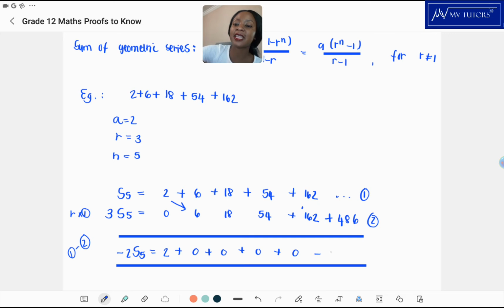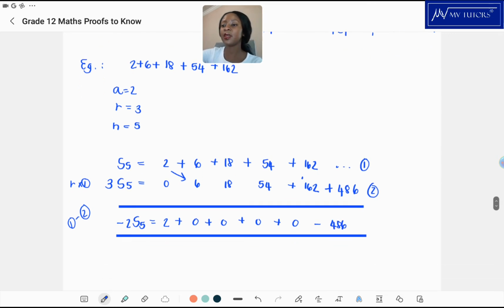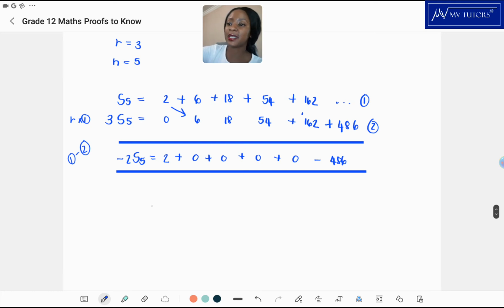And then I have negative 486. So negative 2 S5 is equal to 2 minus 486, which gives negative 484.